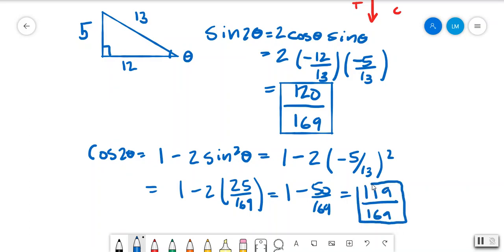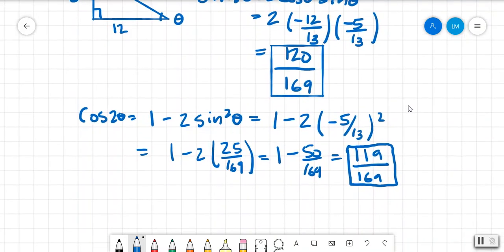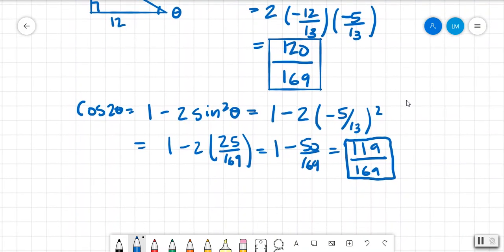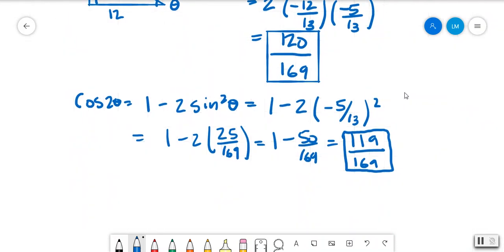Okay, so I found cosine of 2 theta, but now I need to find tangent of 2 theta also. Now, interestingly enough, instead of using the formula that was written for tangent 2 theta, I already know what sine and cosine are, so why don't I just use the quotient identity where sine is divided by cosine of 2 theta.